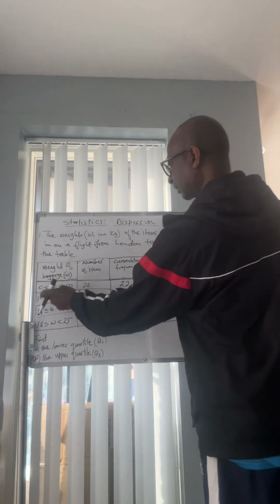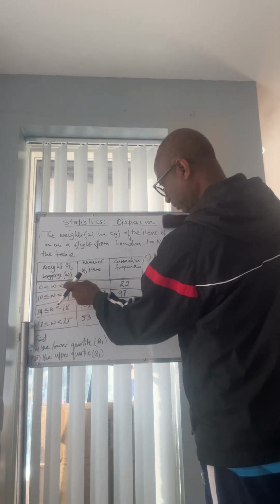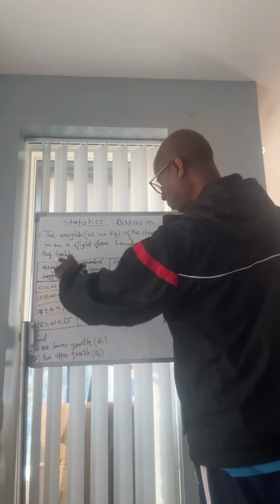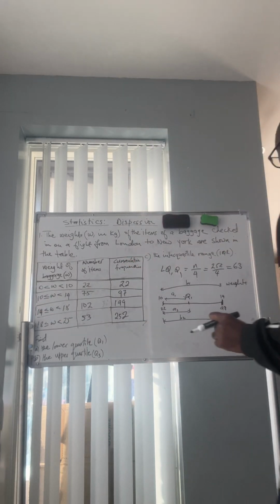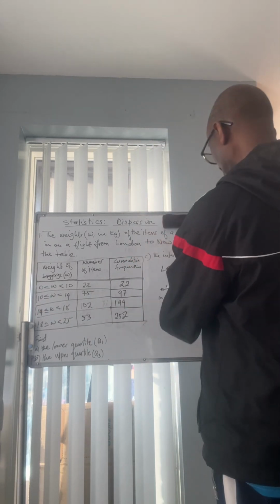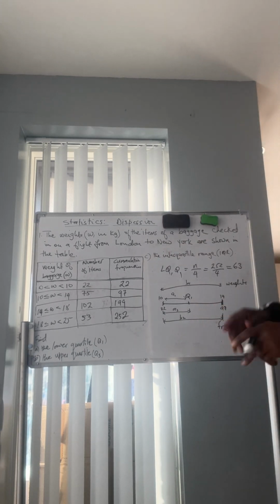0 to 10, 10 to 14. So there is 10 here, maximum 10 here, and here minimum 10. So it could be in this category, it could also be in this category. So when you're solving problems like this, you see this kind of maybe complex solution, but it is not.